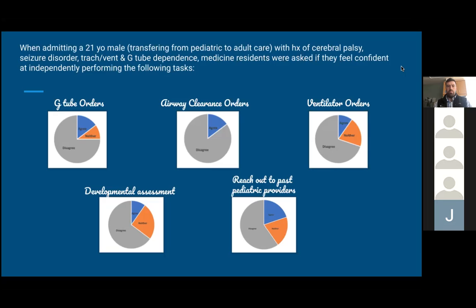For all of these questions, medicine residents strongly disagreed, or did not agree or disagree, about whether they could confidently and independently perform these tasks. So this is why we're talking about these things today.